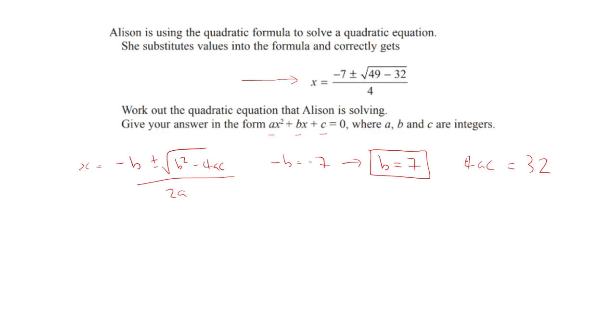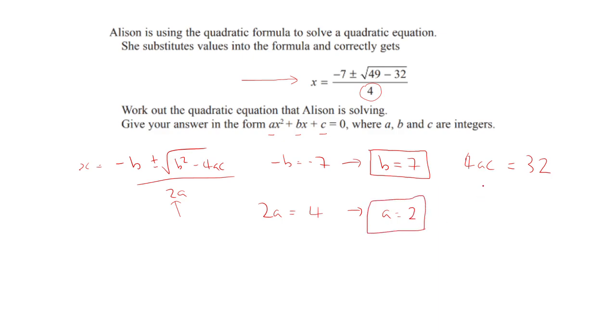But that doesn't help that much because there's all these combinations of A and C which could come to 32, so it doesn't clarify that yet. So we'll now focus on that 4 in the denominator, and that denominator is made up of 2A. So with 2A equals 4, then clearly A equals 2.